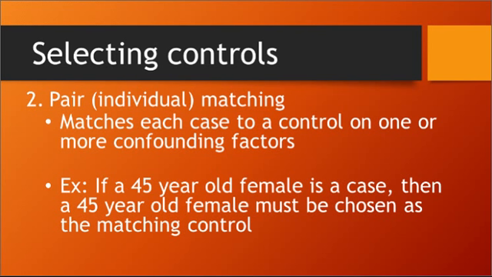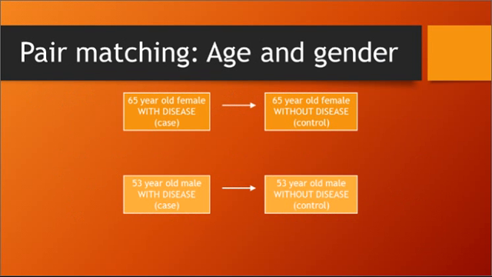For example, if we're looking at a 45-year-old female that's a case, then we have to find a 45-year-old female as a control. If we have a 65-year-old female with the disease, or who's a case, we have to find a 65-year-old female without that disease, who's the control. 53-year-old male with a disease, we match it to a 53-year-old male without the disease.